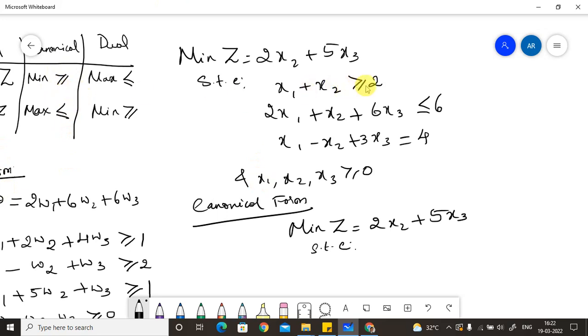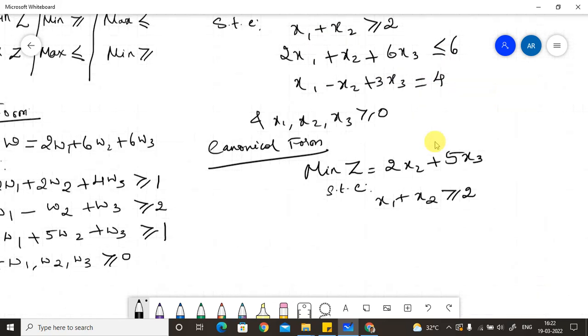The first constraint is satisfied but not the second and third one. So I will write the first constraint as it is: x1 plus x2 greater than or equal to 2. The second constraint is not satisfied, so we have to convert it into greater than or equal to. When doing that, we know the signs get interchanged. So this becomes minus 2x1 minus x2 minus 6x3 greater than or equal to minus 6.